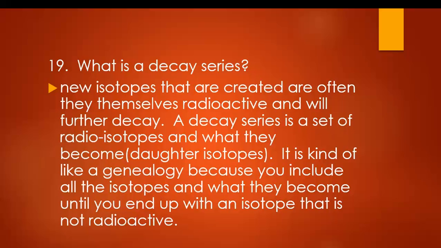So a decay series kind of gives you the genealogy of Serenity, the story of all the people that Serenity eventually became before she finally became somebody that is no longer radioactive.